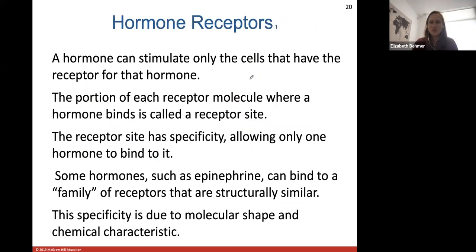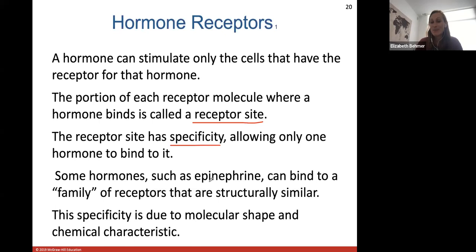Hormone receptors, we talked a little bit about hormone receptors. A hormone can stimulate only the cells that have the receptor for that hormone. The portion of each receptor molecule where a hormone will bind to a cell is called the receptor site. And the receptor site has specificity, which means that only one hormone can bind to it.